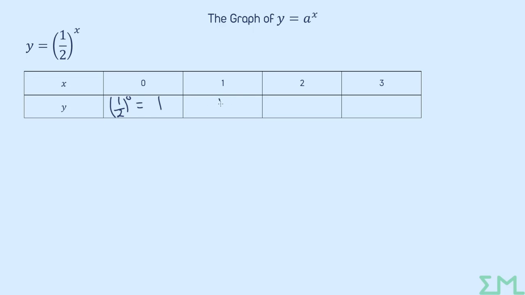A half to the power of 1 is just a half, a half squared is a quarter, a half cubed is an eighth. And if we carried on, a 16th, a 32nd, etc. So this should be looking very familiar. This is the same as the second table that we did for the first example, so keep that in mind.